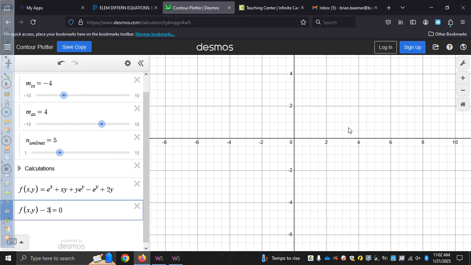I like the asymptotic behavior there. So we get a specific solution curve here for our initial condition.